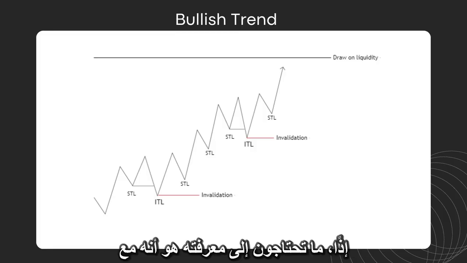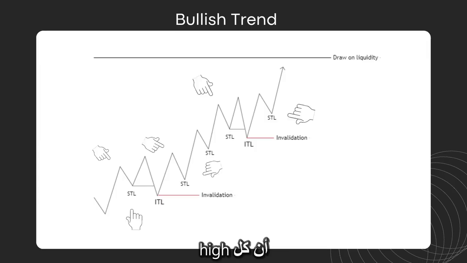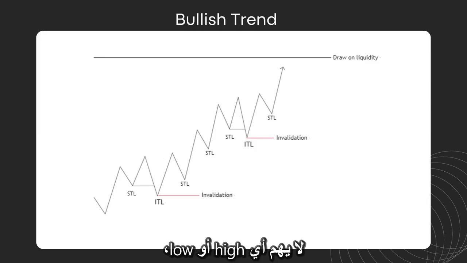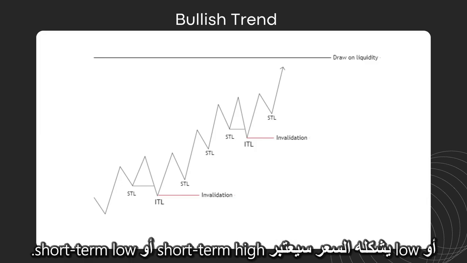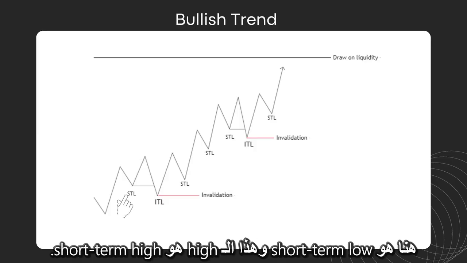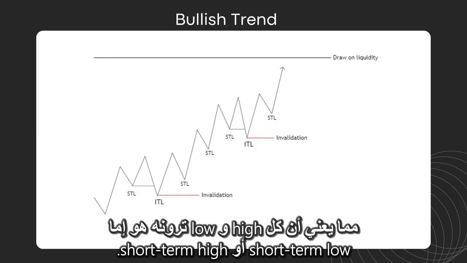So what you need to know is that each high and low price forms will be classified as a short-term high or a short-term low. It doesn't matter whatever high or low it is. Every single high or low that price forms will be considered either a short-term high or a short-term low, right? So for instance, this low right here is a short-term low, and that high is a short-term high, which means every high and low you see is either a short-term low or a short-term high.